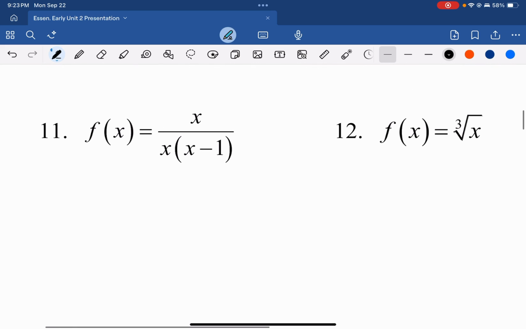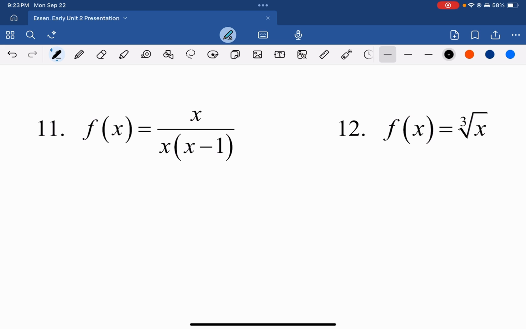Next, 11. I've got f of x equals x over x times x minus 1. Every time I see these rationals, I always think, what can I divide out? In this case, I've got an x in the numerator and an x in the denominator, so those divide out and make a 1, which means we're going to have a hole at x equals 0.